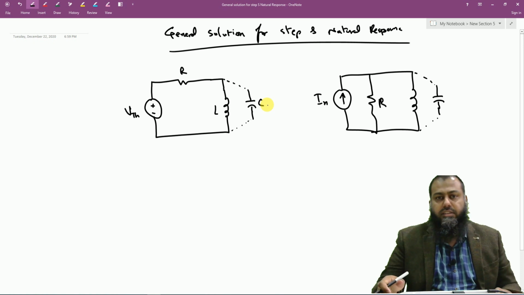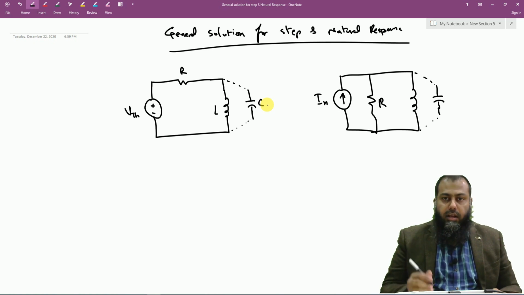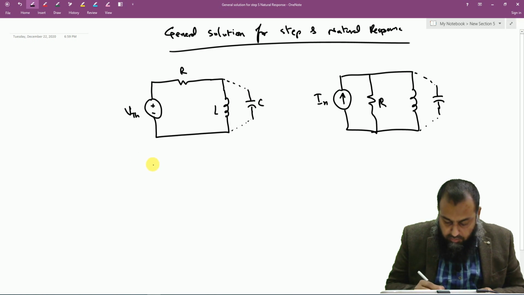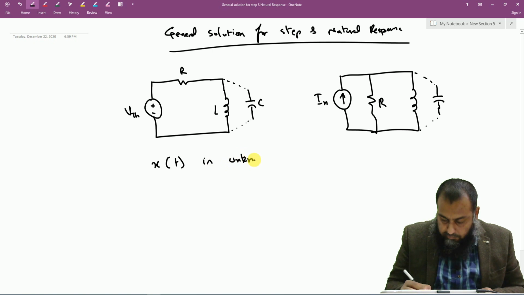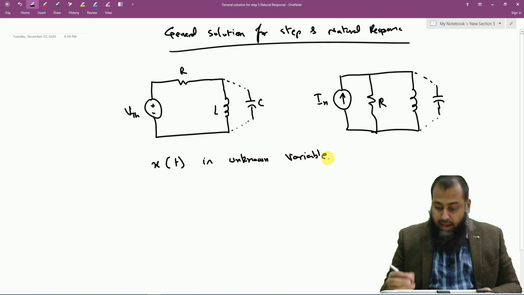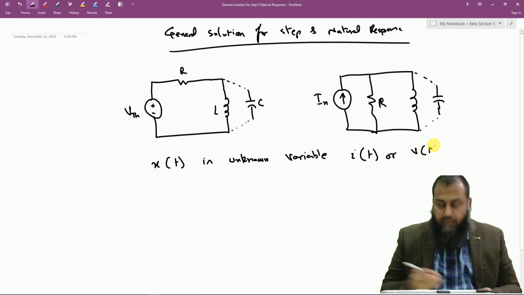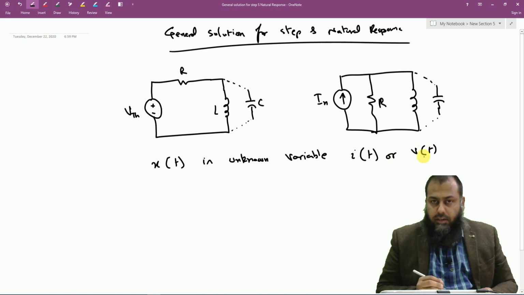So let us generalize the solution of the first order circuit. Suppose that we have x of t as our unknown variable. This unknown variable may be a current i of t for an inductor, or v of t for the capacitor.